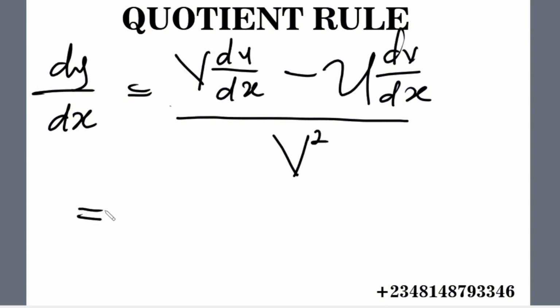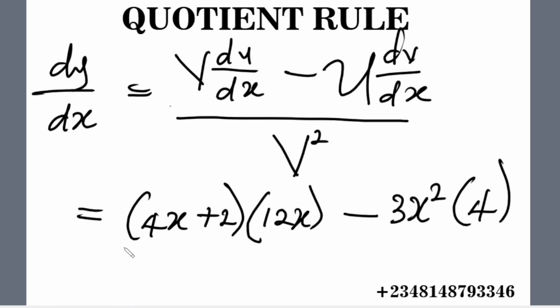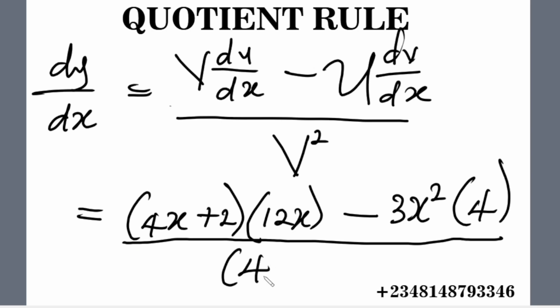So substituting, we have v is 4x plus 2 multiplied by du/dx, which gave us 6x, minus u, which is 3x squared, and then dv/dx gave us 4, all over v, which is 4x plus 2 all squared.